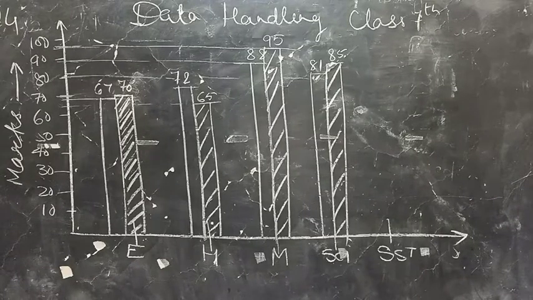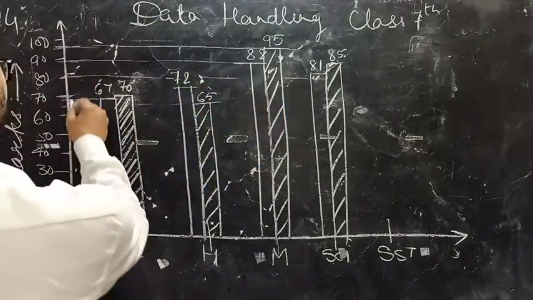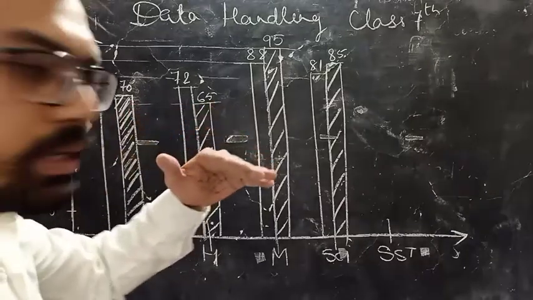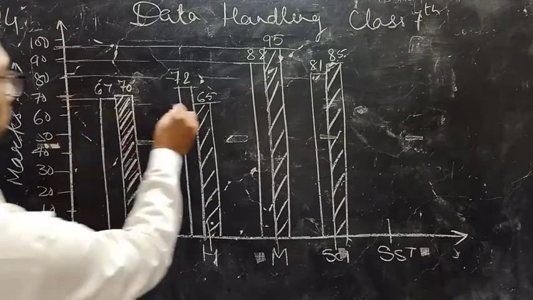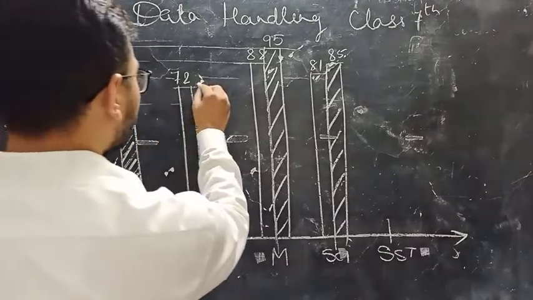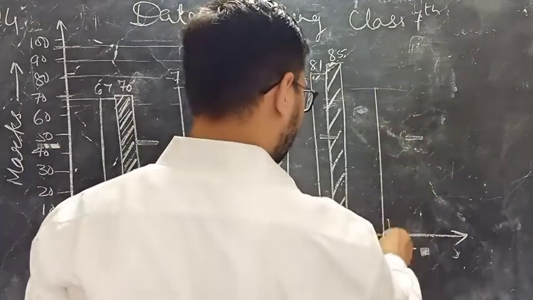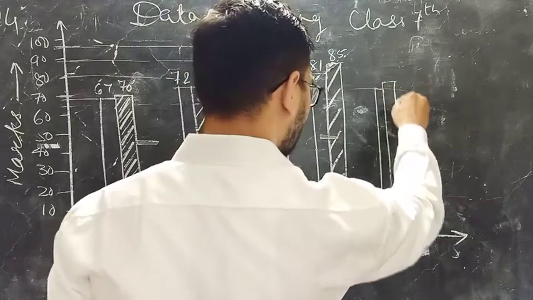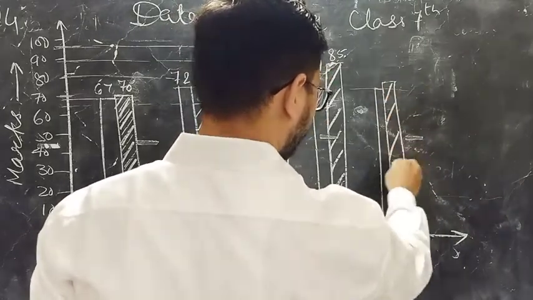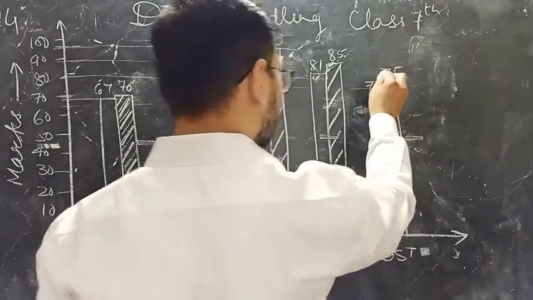Then for social science he got 73 in the first term and 75 in the next term. So 73 will lie somewhere above 70, in between 70 and 80. If this is 72, then 73 will be somewhere above. If this is 73, then 75 will be higher. So this is 75 and this is 73.